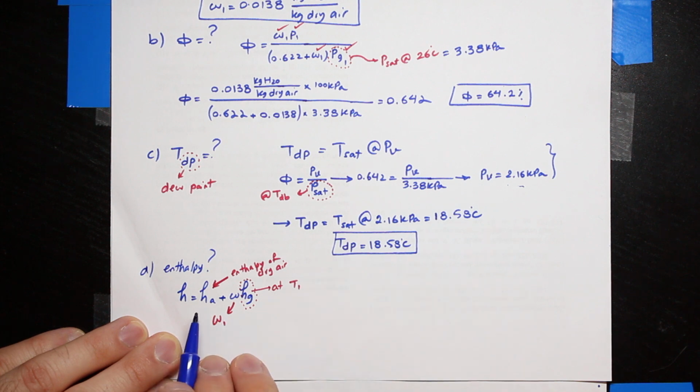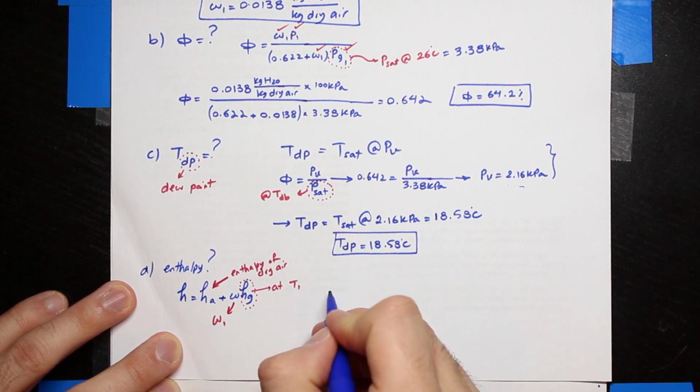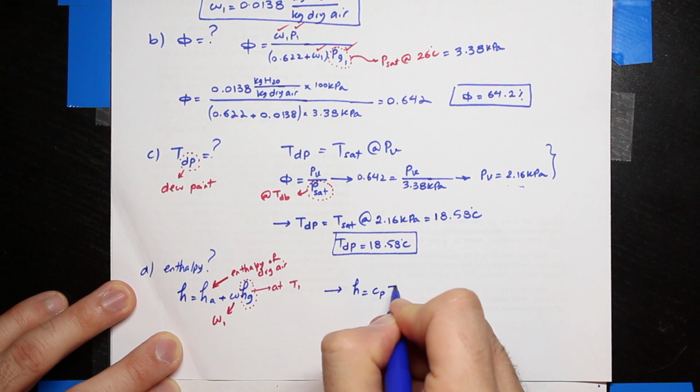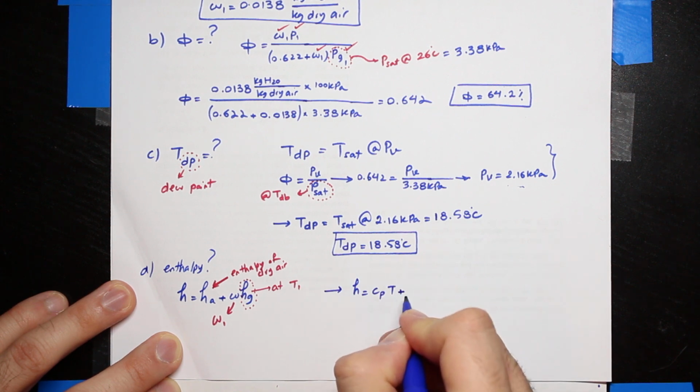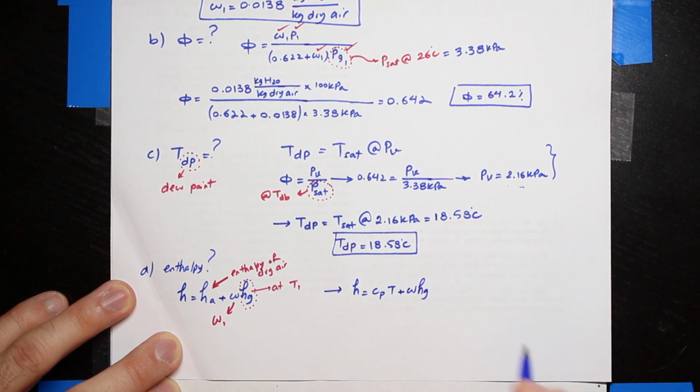So in order to obtain the enthalpy of dry air, I can just use Cp multiplied by temperature. So H is equal to Cp multiplied by temperature plus just keep omega Hg. All right.